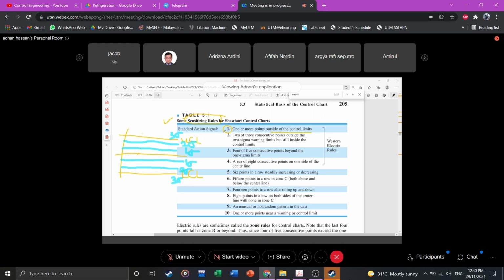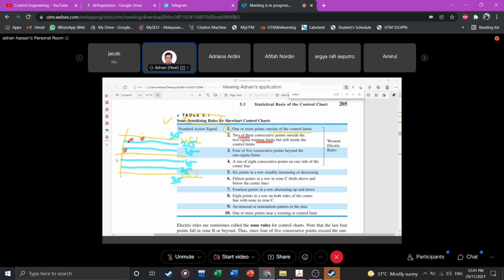Okay, rule number 1 is clear. Rule number 2 says 2 of 3 consecutive points outside the 2 sigma warning limit, but still within the control limit. So meaning that you have 2 points like this. Maybe the earlier point is here.